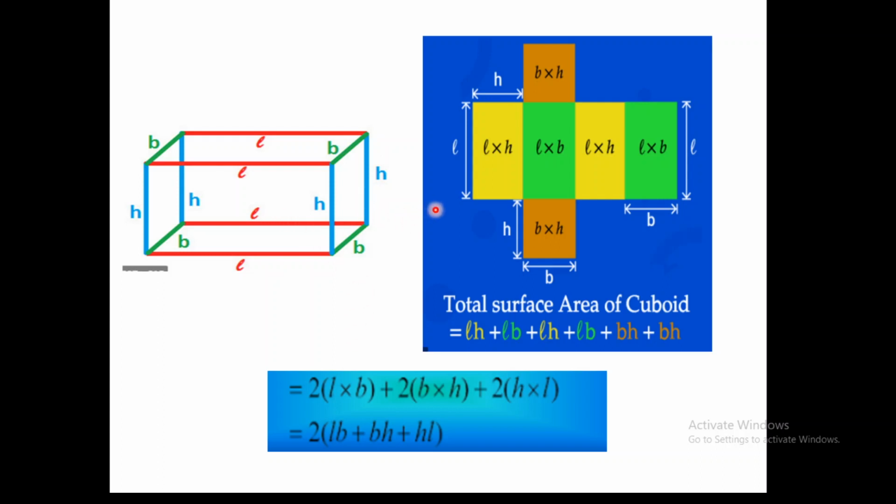If you take the net of the cuboid, that means the opened condition, we can see the lengths come here, the breadths also come in these edges, and the heights are these edges.